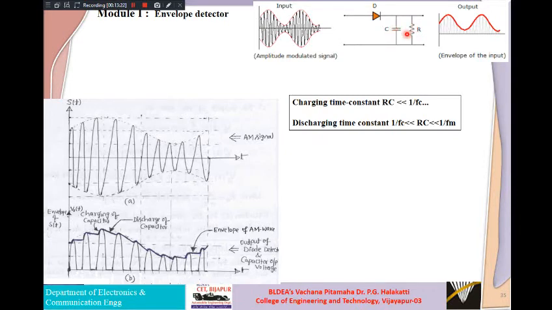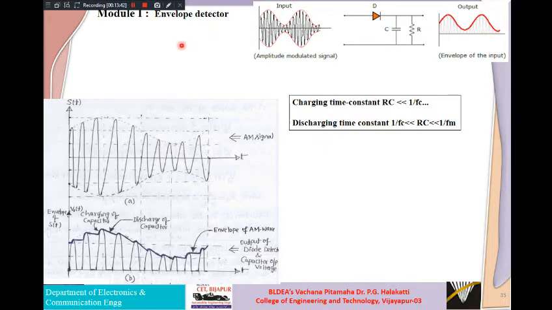By controlling R and C values, we can easily control the charging and discharging time, and that is going to decide how well defined an envelope you are going to get, that is, the message signal at the output across the R. That is nothing but the envelope is going to give the message signal.